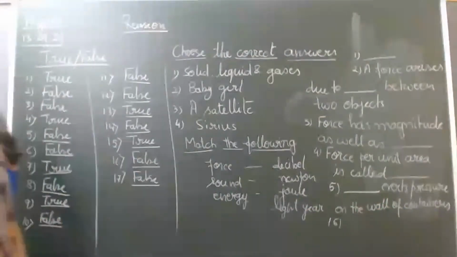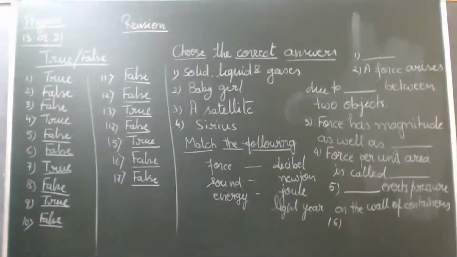Then, after that, if you want to prepare fill in the blanks, you write one page. If you want to frame true false, all will come under the same category: fill in the blanks, true false, choose the correct answer, and match the following.